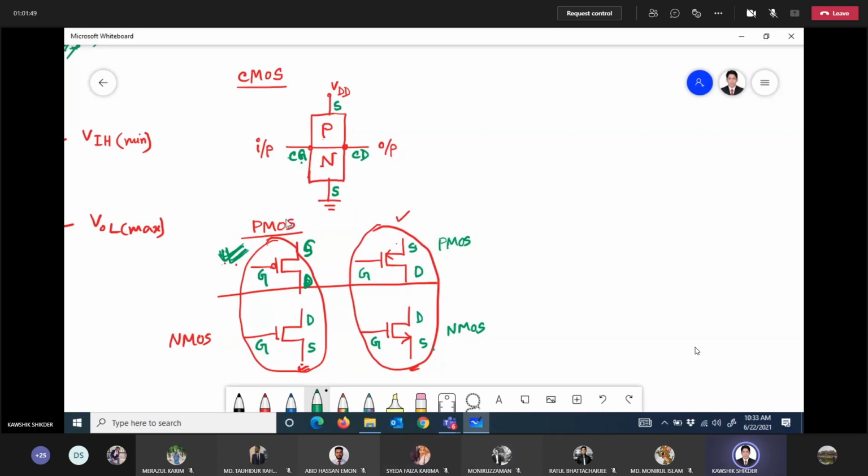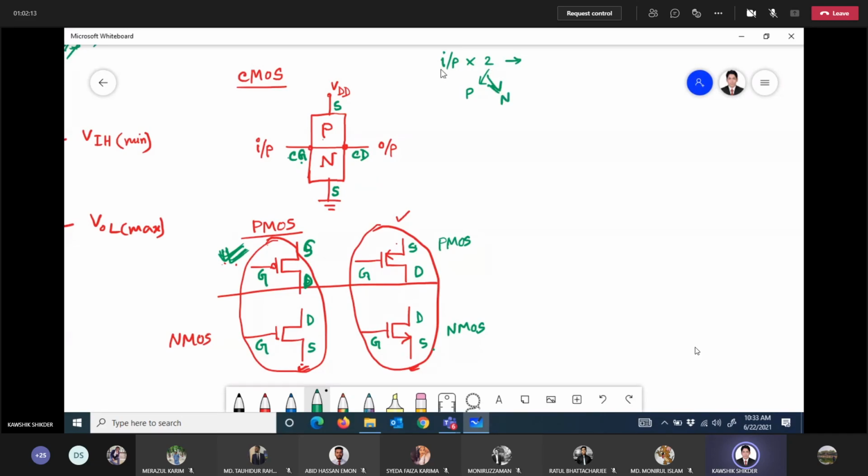Now let's try to draw an inverter using CMOS logic. To design a CMOS, you have to use both PMOS and NMOS. That means the number of inputs times 2. This 2 means 1 PMOSFET and 1 NMOSFET.